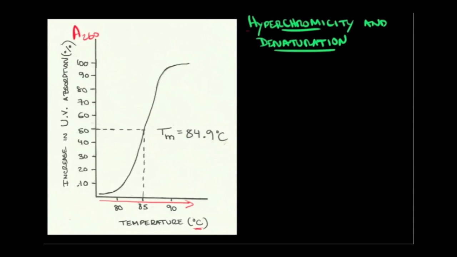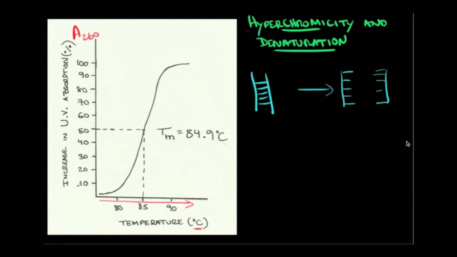Looking at my double-stranded DNA molecule, when I increase the temperature, going down the graph, I am producing single-stranded DNA molecules, which happens due to the disruption of the hydrogen bonds. So keep that in mind.